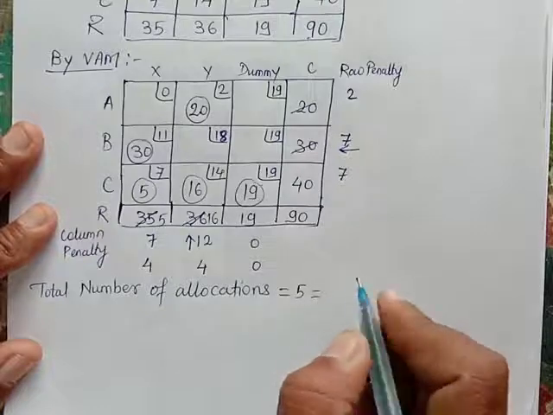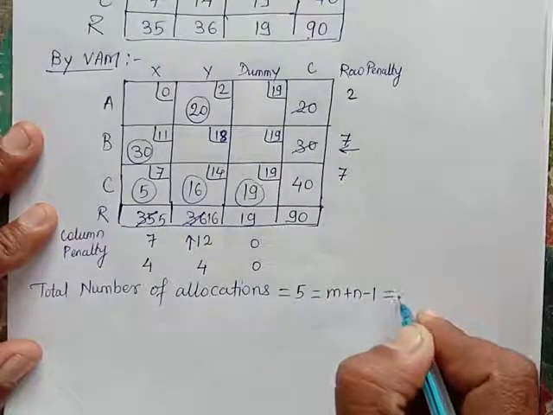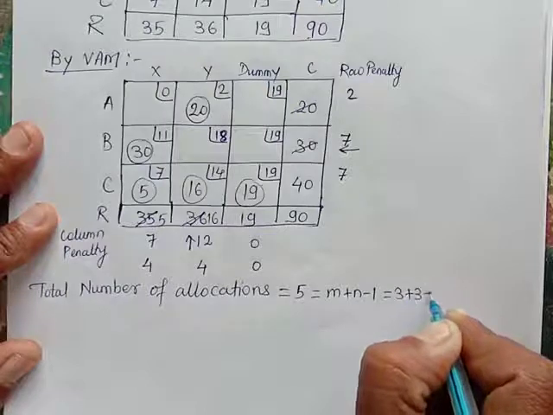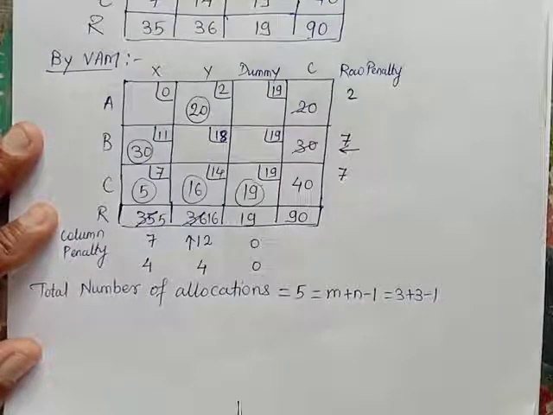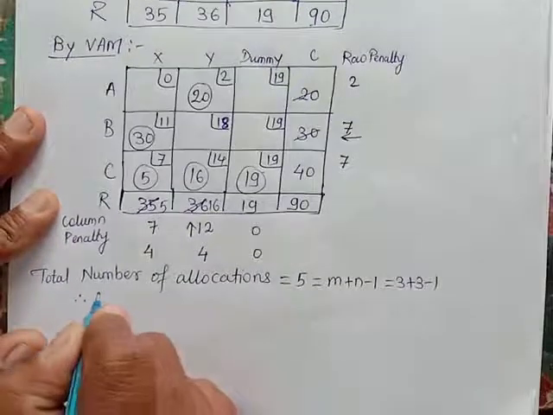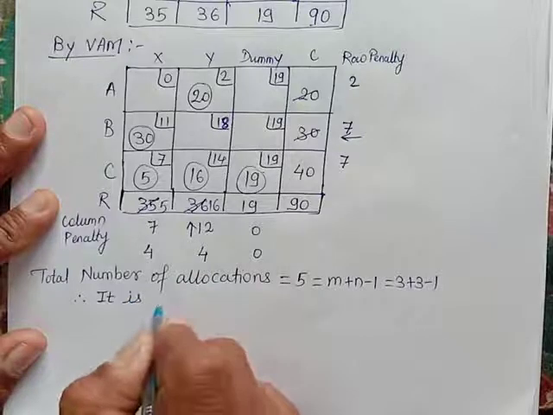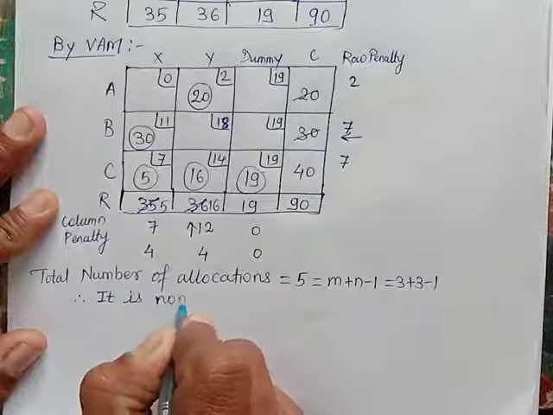And that is equal to m plus n minus 1. That is 3 plus 3 minus 1. 6 minus 1 will be 5. Therefore it is non-degenerate.